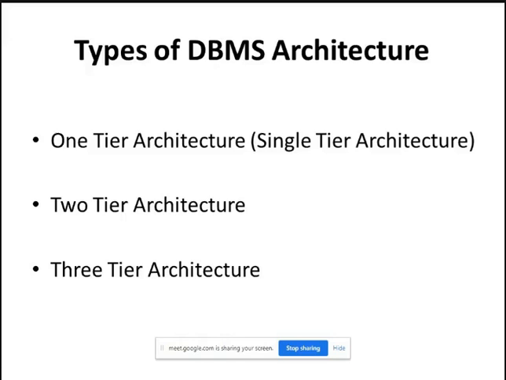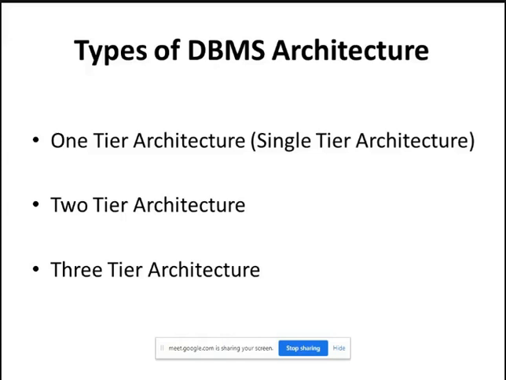The three-tier architecture in DBMS is the most popular client-server architecture in the DBMS, in which the development and maintenance of functional processes, logic, data access, data storage, and user interface is done independently as separate modules.